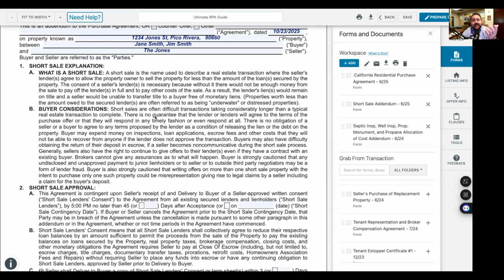The other thing is that, yeah, it could be difficult to get your deposit back. It's one of the things that we don't have to deal with much now. I mean, it was a problem when short sales were the only sales that were happening.